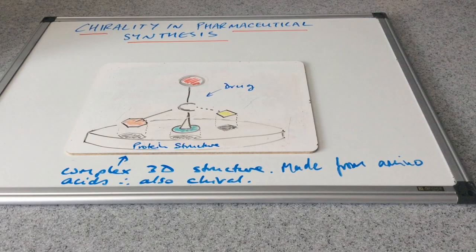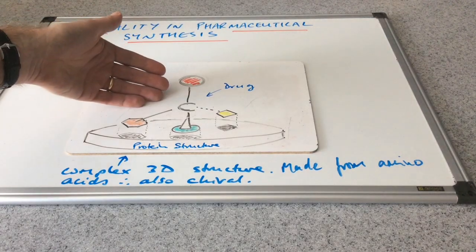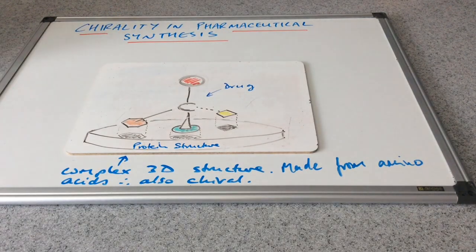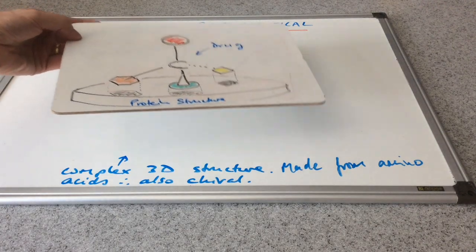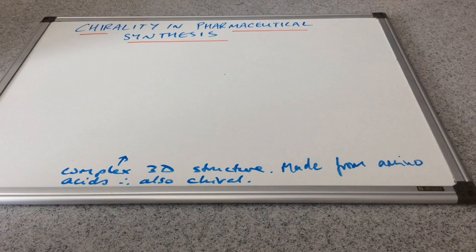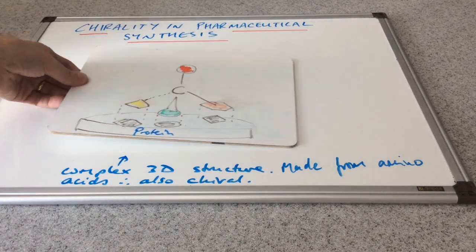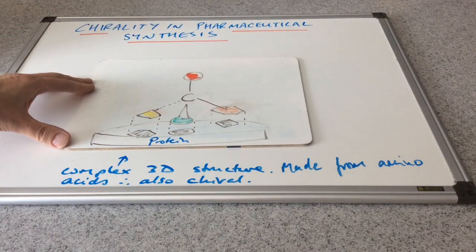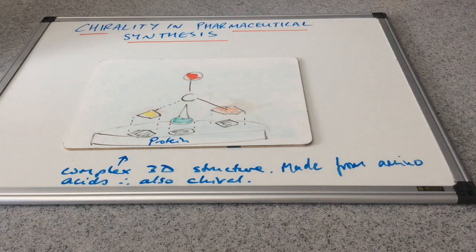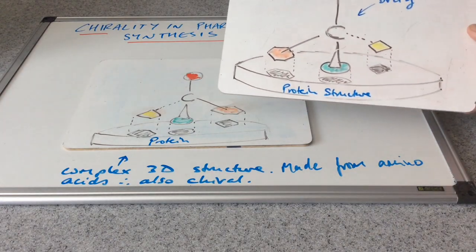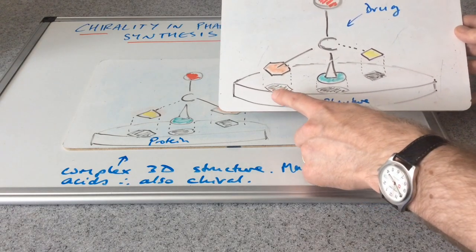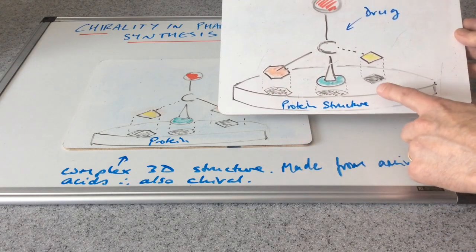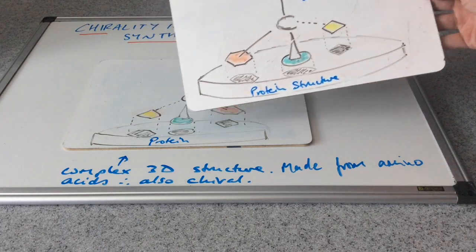Let's imagine this drug has been manufactured in a laboratory by a drugs manufacturer. It's made both isomers, so I'm going to replace this board with this board here, and I'll put them side by side so you can see the protein structure is exactly the same. We've got the hexagon, the circle, the diamond.